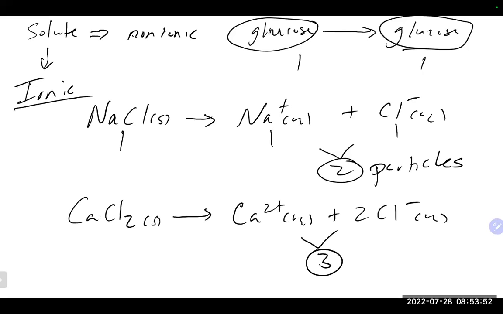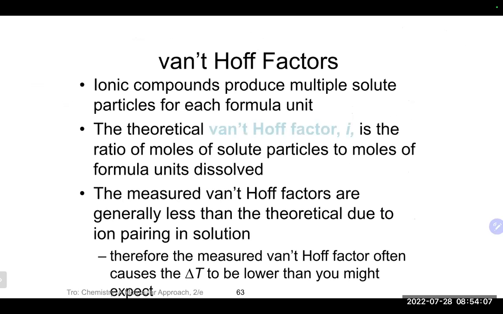So the van 't Hoff factor is an adjustment that is made to these colligative properties to account for the greater number of particles that we see in an actual solution, especially if the solute is ionic. If the solute is non-ionic, like a lot of the examples that we did up to this point, the factor is 1, so we don't have to worry about it. The van 't Hoff factor is abbreviated with an i.